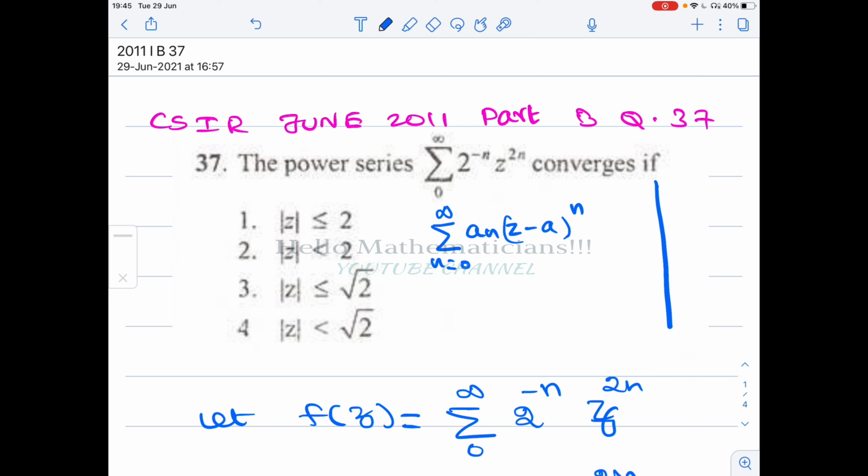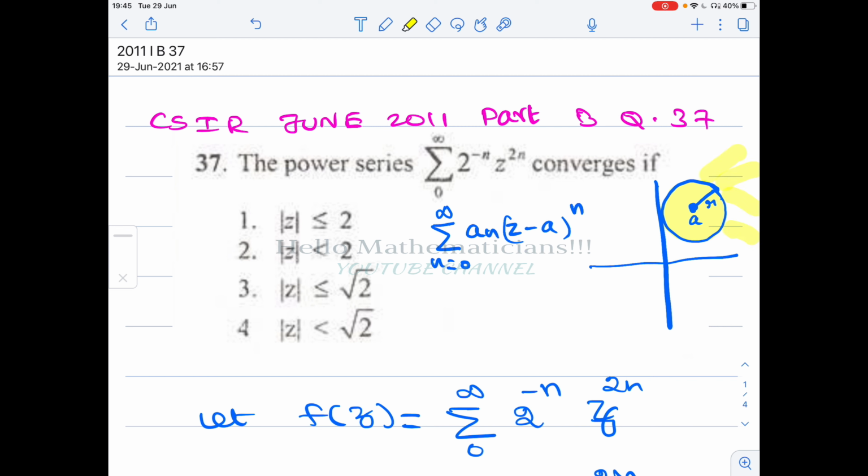Given a power series expanded around the point a, where a is usually a complex number, say a is this point, what is the radius of convergence? You can find the largest R such that you draw the circle of radius R about the point a. Inside this circle, the power series is always convergent.